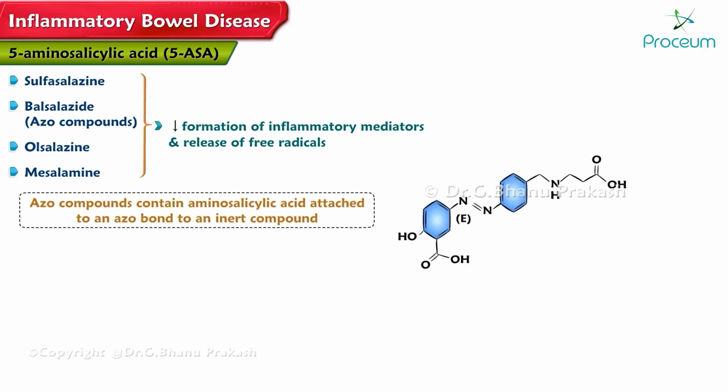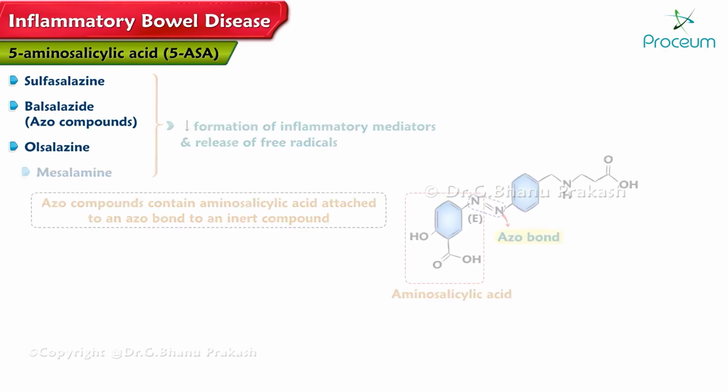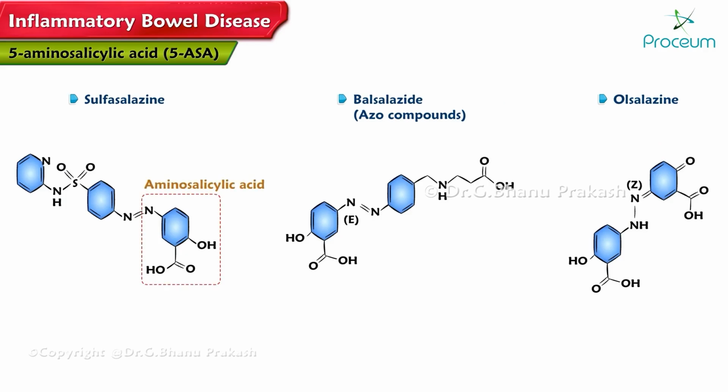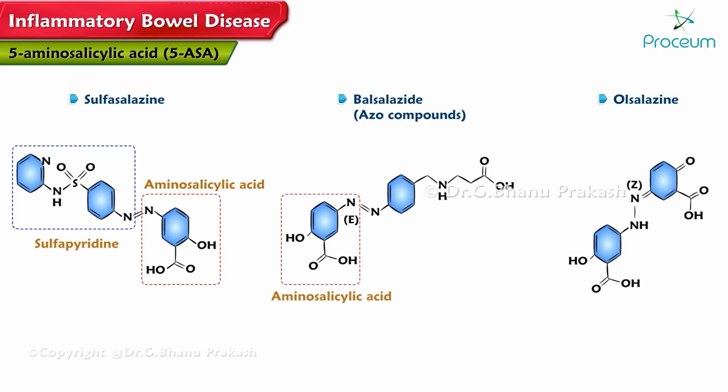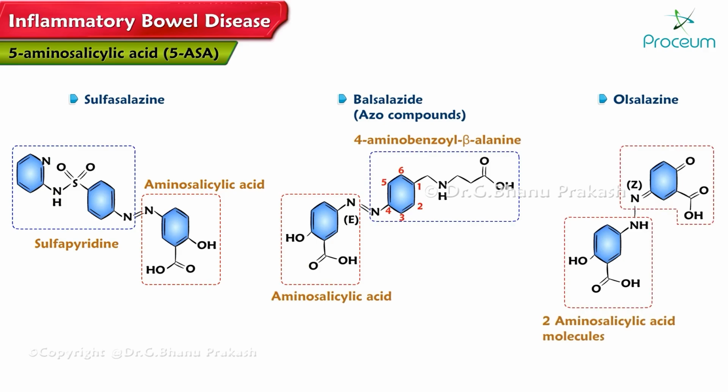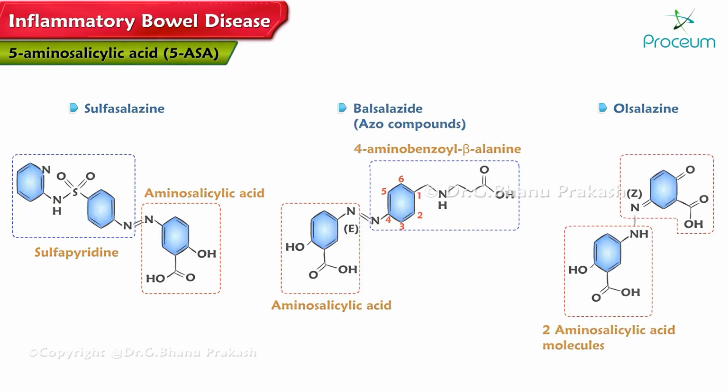Azo compounds contain amino-salicylic acid attached by an azo bond to an inert compound. In sulfasalazine, amino-salicylic acid is bound to sulfapyridine. In balsalazide, amino-salicylic acid is bound to 4-amino-benzoyl beta-alanine. And in olsalazine, 2 amino-salicylic acid molecules are bound together.